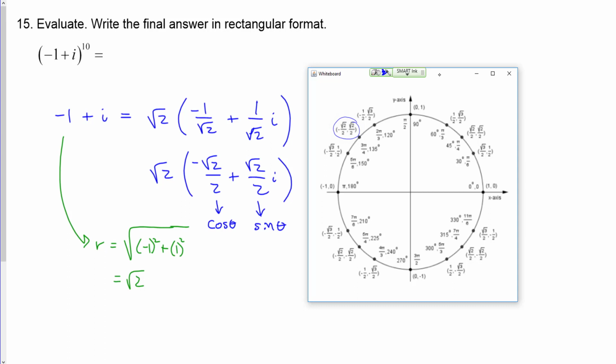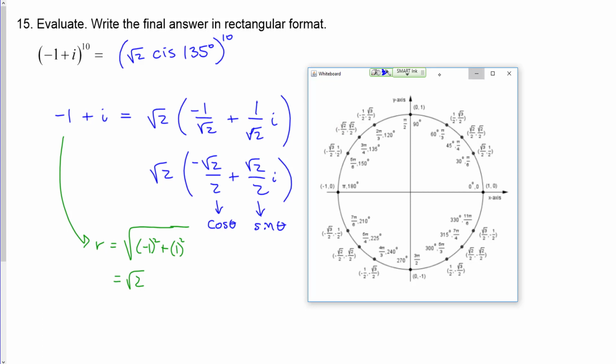And there's one, and that should be the only one. Okay, so we are good. So this is going to be the same as the square root of 2 CIS 135 degrees, and then that's going to be raised to the 10th power.